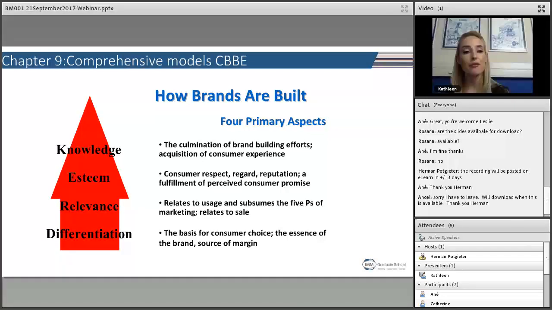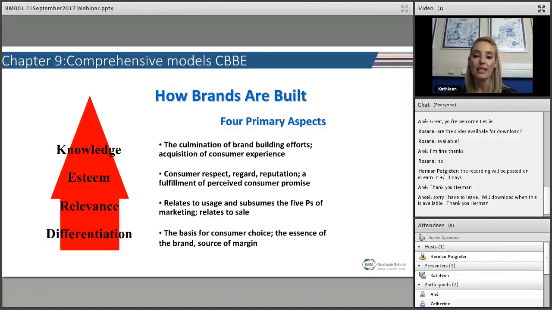So the 4 main elements that we look at, we've got energized differentiation, and this looks at the basis for the customer choosing a brand, the essence of the brand, and the source of margin. Whenever we talk about margin, we're referring to that extra profit that we gain from having a price premium.